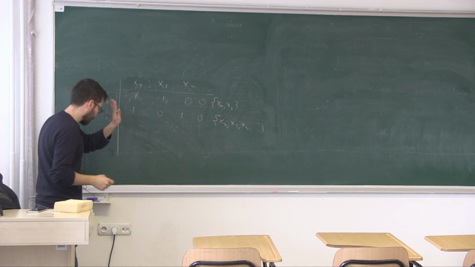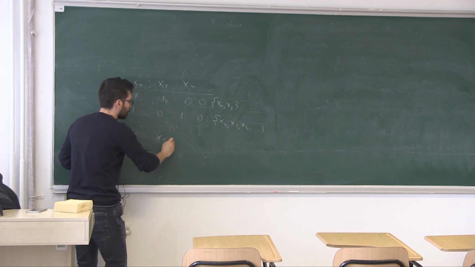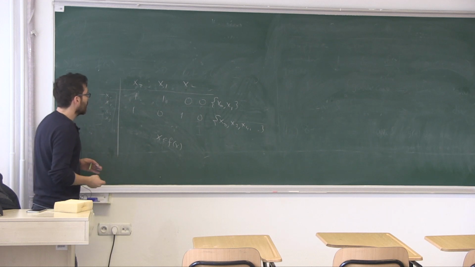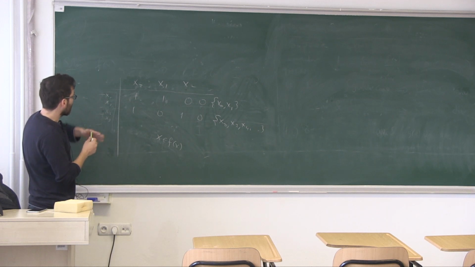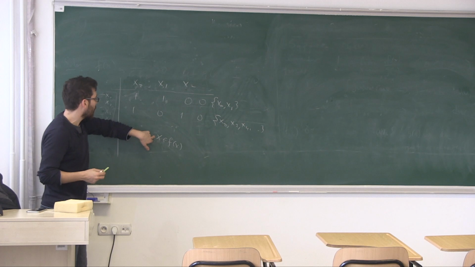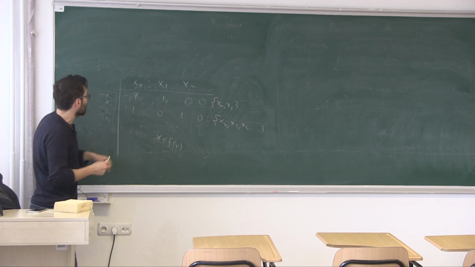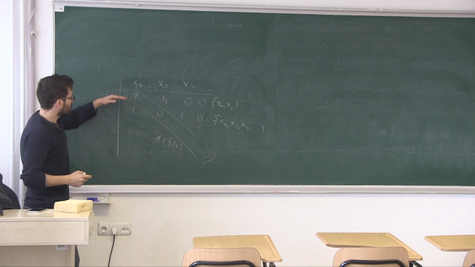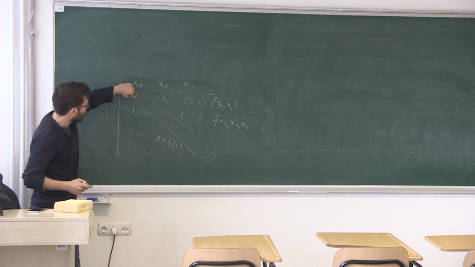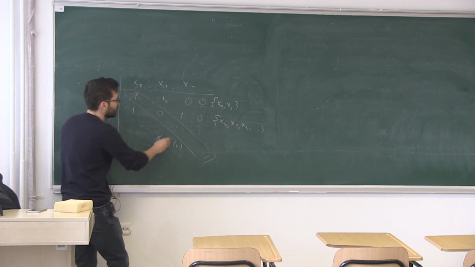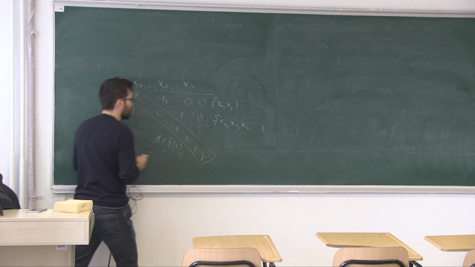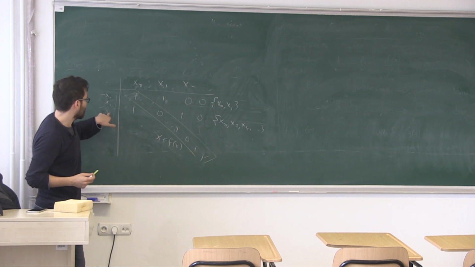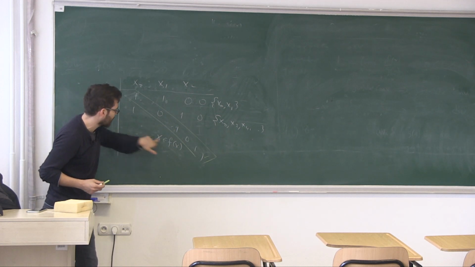Now, the set of elements of X which satisfy this are exactly those which have ones over here. So if this is 1, if this is 0, if this is 1, and if this is 1, this element satisfies this, this element satisfies this, this element satisfies this.